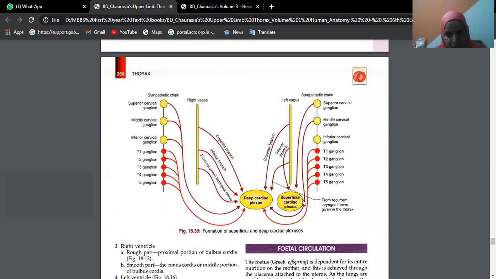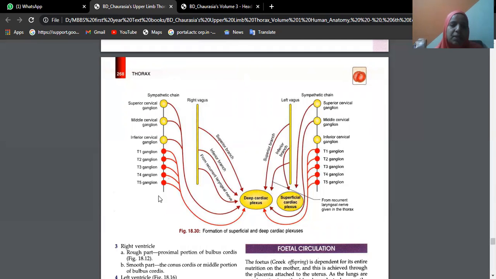First let us talk about what are the nerves which are contributing in the formation of these plexuses. We know vagus is the parasympathetic nerve, which is very, very important, which is supplying the structures in the thorax and also in the abdomen. Isn't it? So right and left vagal branches are contributing. Apart from that, we have sympathetic chain.